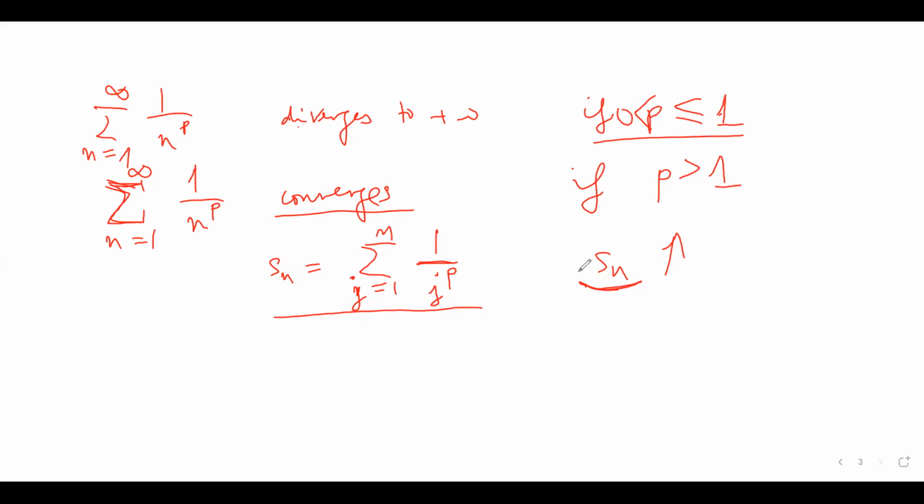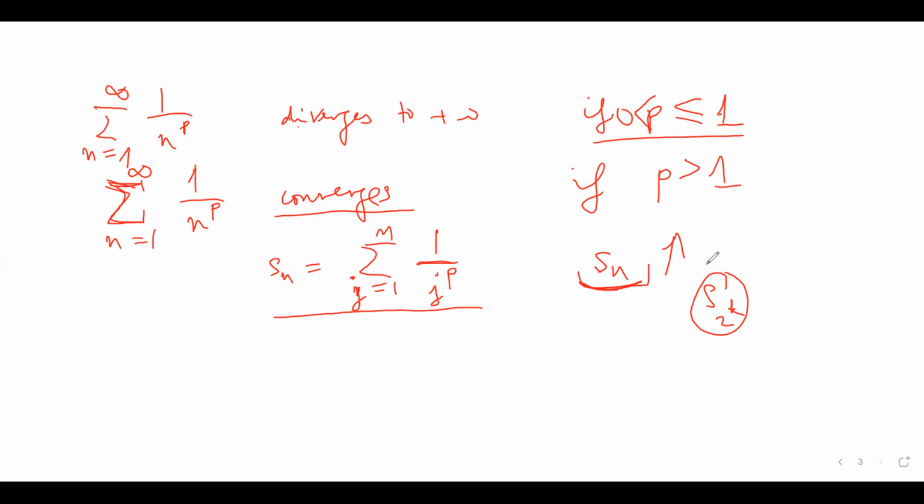Now see, when you want to show that S_n is bounded, it suffices to show that when n equals 2^k, S_{2^k} is bounded.